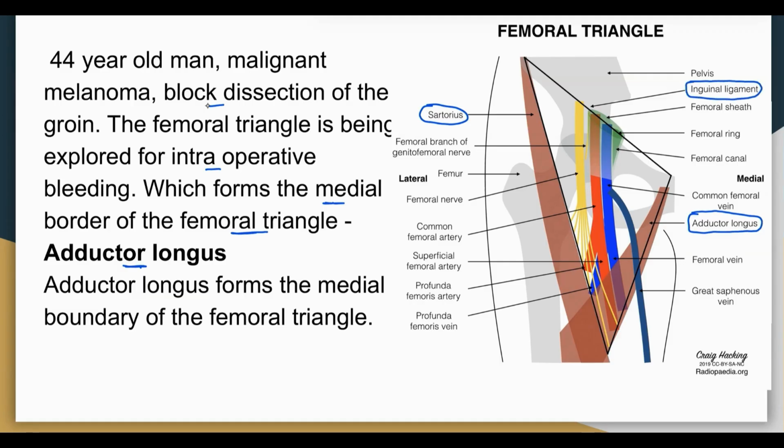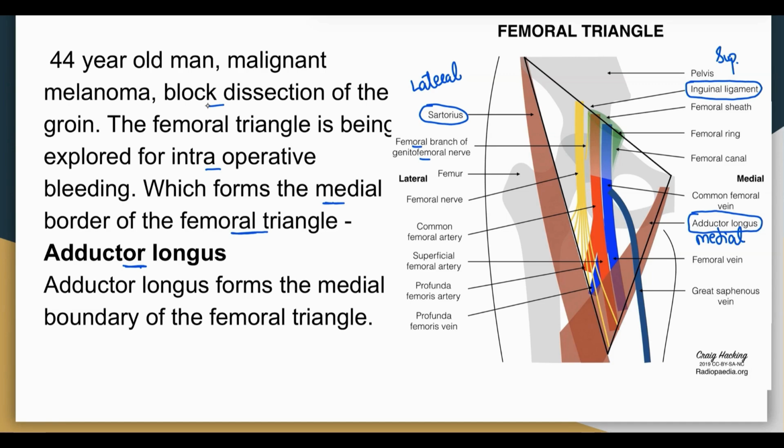So these are the three very important boundaries: the adductor longus is the medial boundary, sartorius forms the lateral boundary, and the inguinal ligament forms the superior boundary. The femoral triangle contains the femoral vein, femoral artery, and femoral nerve. Along with that, the femoral branch of the genitofemoral nerve is also present within the femoral triangle.